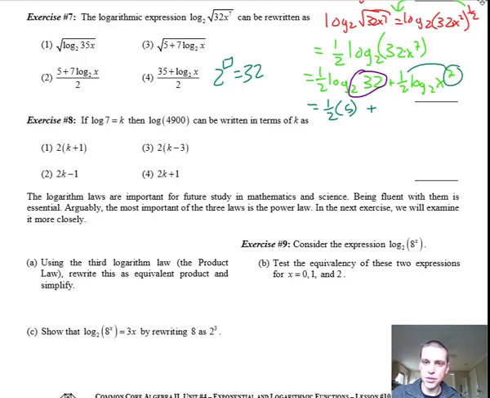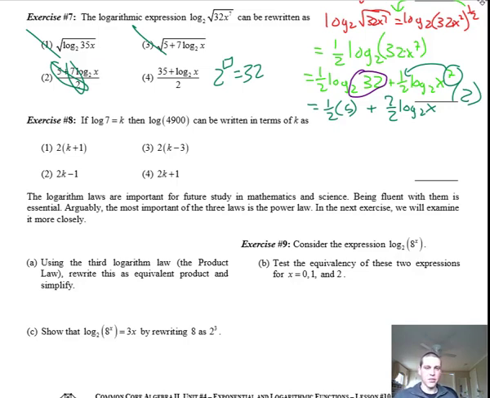I know power rule here because x to the 7th can come out, so 7/2 log base 2 of x. Now, which one is equivalent to this? Well, this is 5 divided by 2. Well, can't be any of those. 5 divided by 2 is right here, and 7 divided by 2 is right there with a log base 2 of x, so I know it must be choice 2.